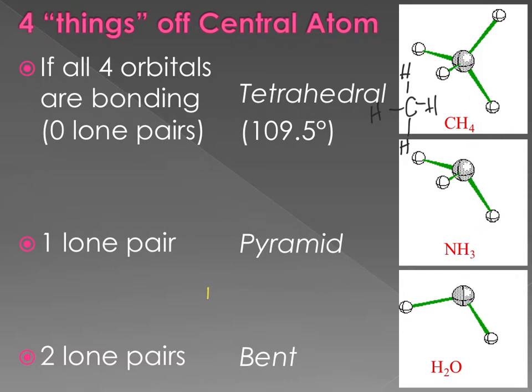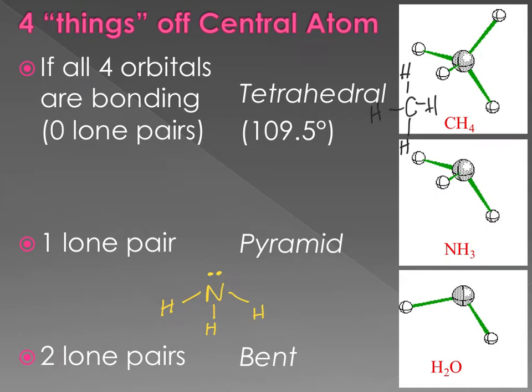We would have nitrogen as my central atom. We have a lone pair of electrons up here. And then again, it's going to be that 109.5 degree angle coming off of it. And then we have our hydrogens. So there are still four things coming off that central atom: 1, 2, 3, 4, but one of them is a lone pair.